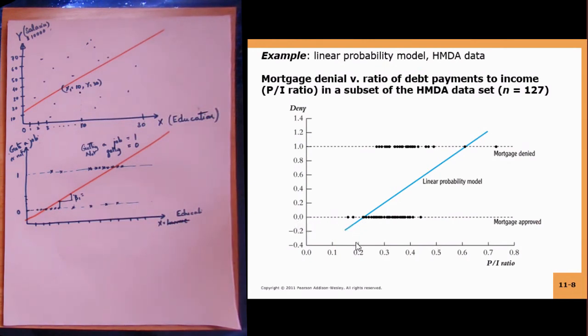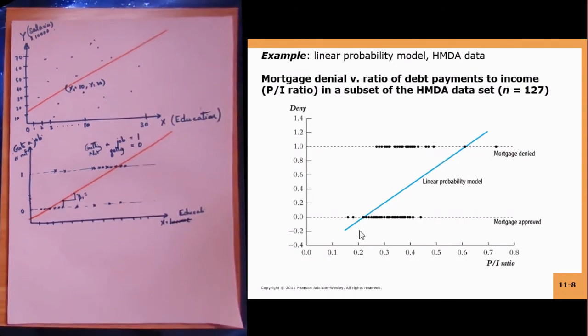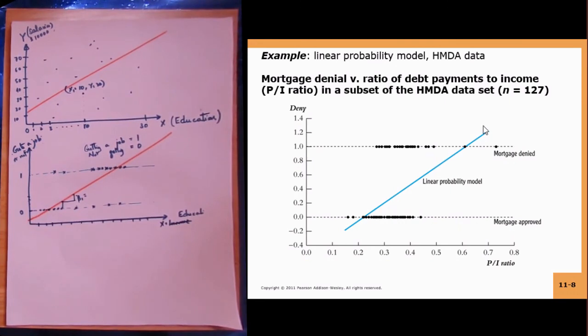So somewhere over here, for a PI ratio of 0.2, you are predicting a negative probability, and for a PI ratio of 0.75, you are predicting a probability which is greater than 1, both of which are not possible, right? You can't have a probability value less than 0 or greater than 1. So this is one of the primary problems.